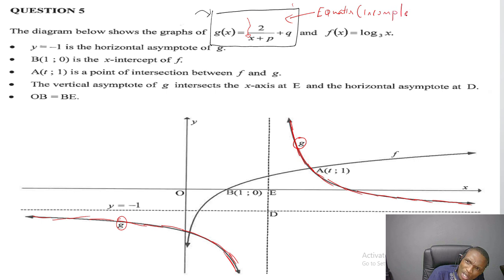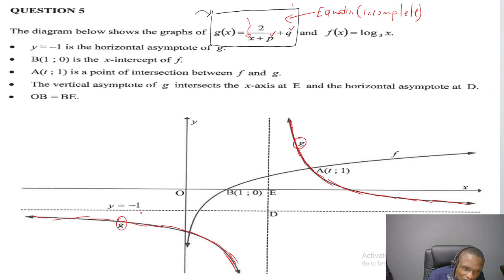Why is this equation incomplete? Because we are missing the values of p and q. By merely looking at the equation g of x equals 2 over x plus p plus q, you can see that p and q are missing. So this is the equation of g, which is incomplete.